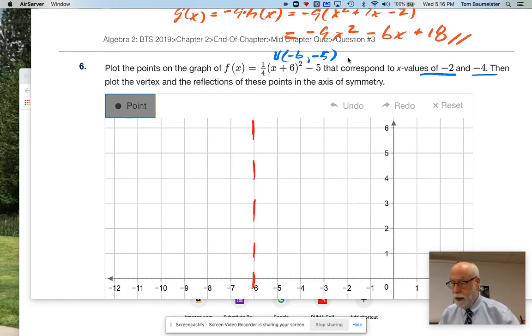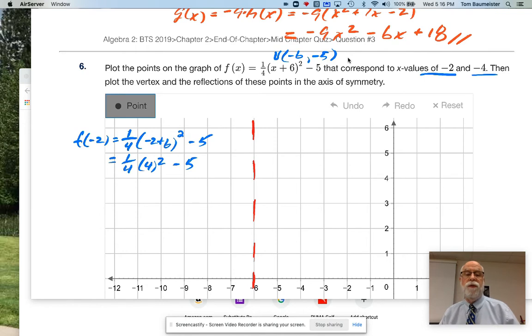So I did f of negative 2 for most of the classes. And that is, again, wherever I see x, I'm replacing it with negative 2. So I'm going to have 1/4 of negative 2 plus 6 squared minus 5. Negative 2 plus 6 is positive 4 squared minus 5.